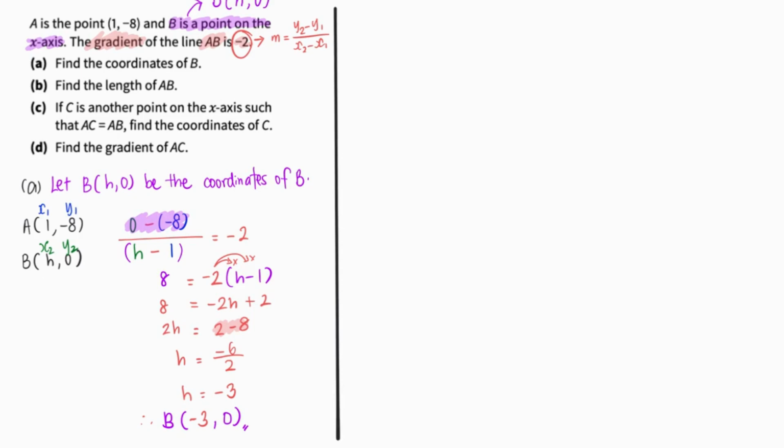So for part B then, I just need to apply the formula for the length. The formula for length, given two coordinates, would be the square root of x2 minus x1 bracket square plus y2 minus y1 bracket square.